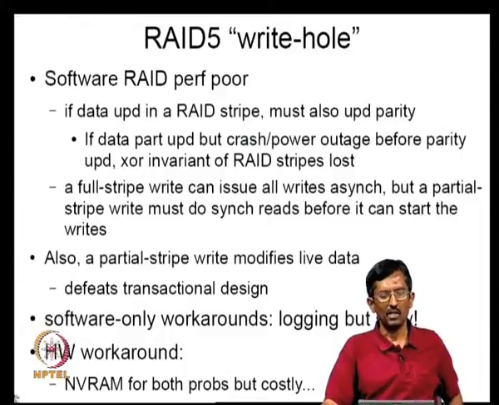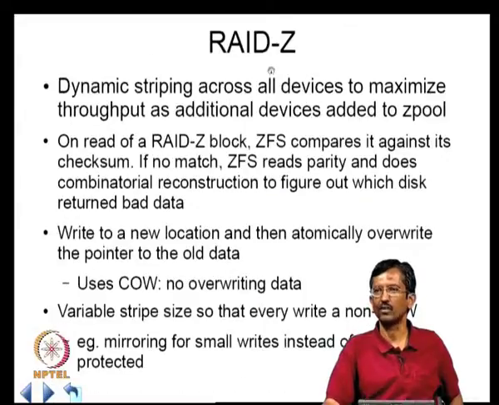So what ZFS wanted to do was to see if there is a way to avoid this problem. They came up with some model called RAID4. What these guys do is what's called dynamic striping, because this is an integrated design. That means it has both the file system and the volume manager, and the design has been done together.